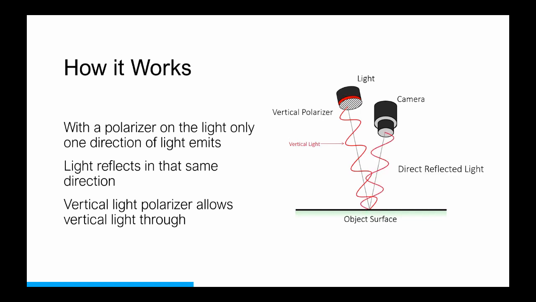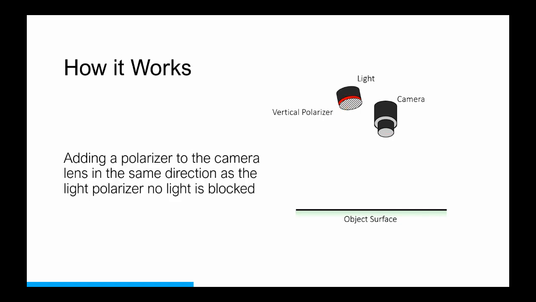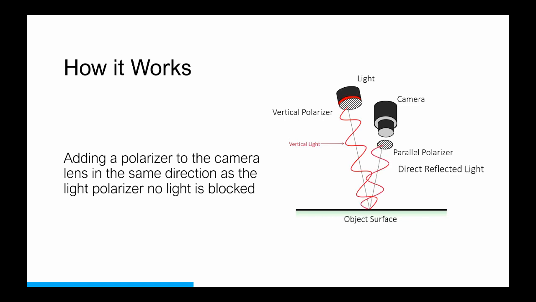So it continues to be vertical as it directly reflects into the camera. If I add a polarizer to the camera in the same direction as my polarizer on my light, my vertical light shines through, it reflects, it hits my polarizer in the same parallel orientation, that vertical light shines through, and everything is exactly the same.